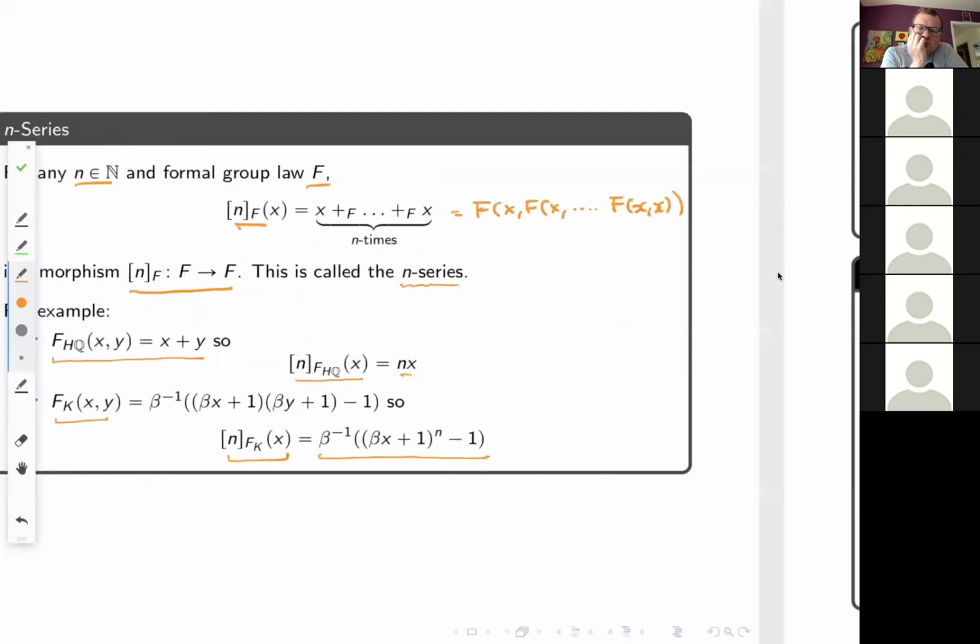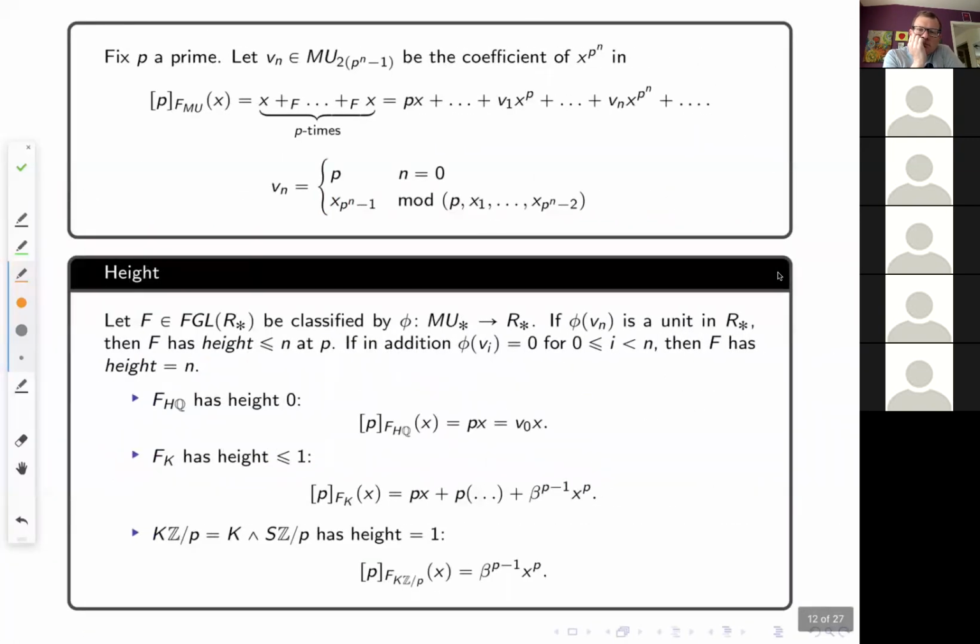Okay, so that's the n-series. And now this is the part in the lecture where we start fixing a prime. So p here, I'm always going to mean a prime number. At this point, we're going to start looking p-locally and we're going to see these patterns.